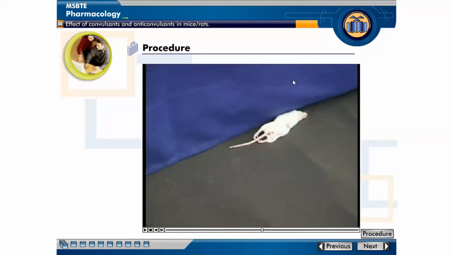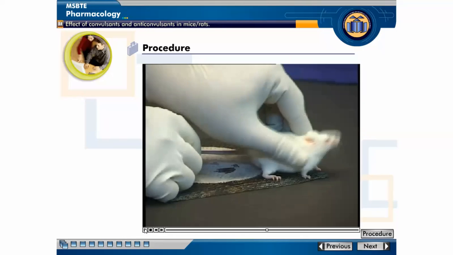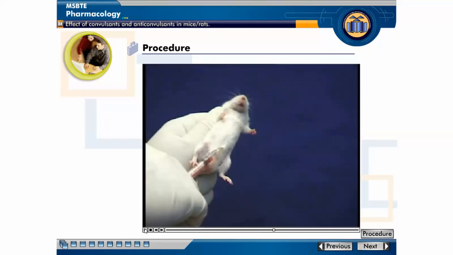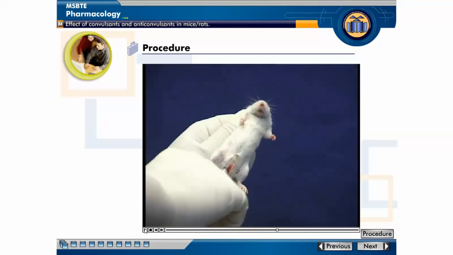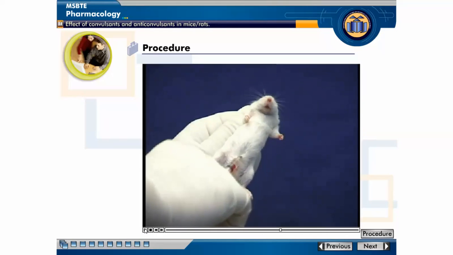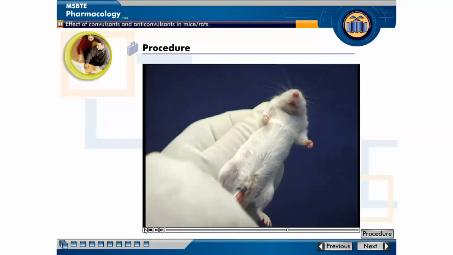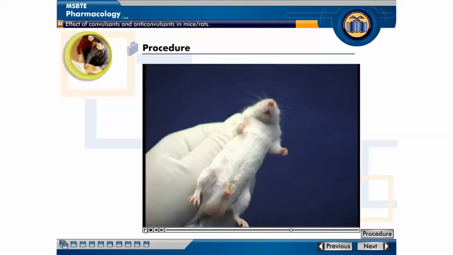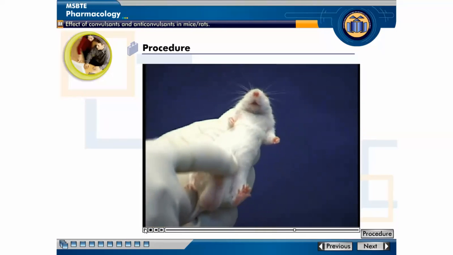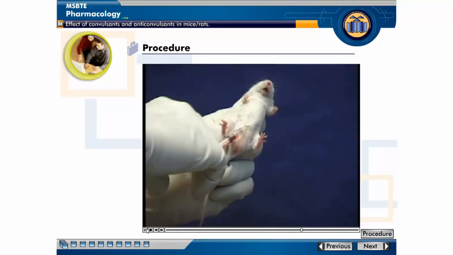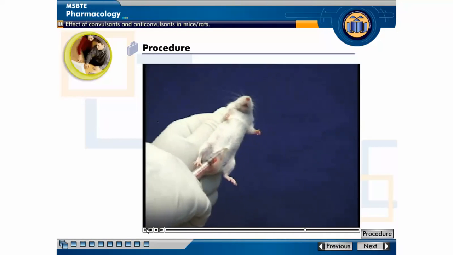So this movement of the animal is jerky convulsion in mice A. Inject 0.2 ml of diazepam solution intraperitoneally to mice B. After half an hour, administer 0.1 ml of strychnine sulfate solution intraperitoneally to mice B and observe the onset and severity of convulsions.